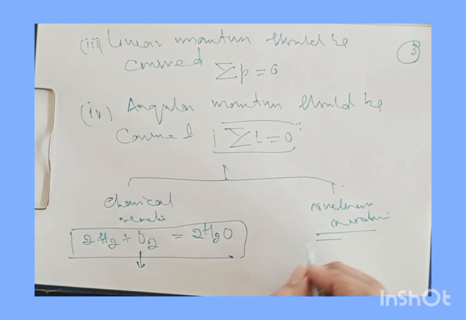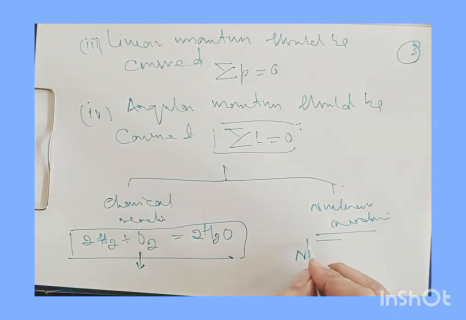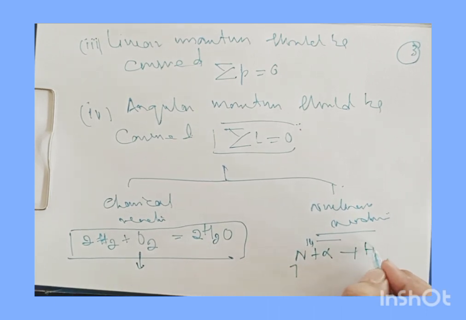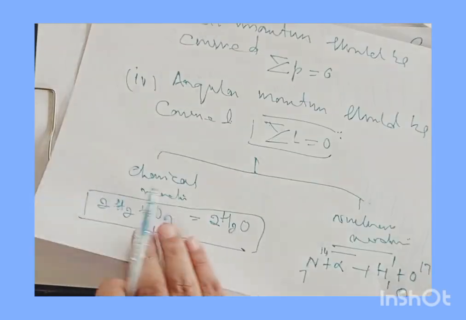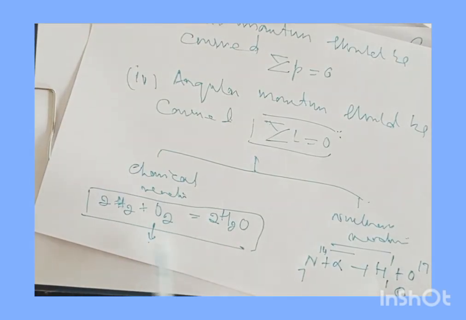If I go back to the nitrogen problem, nitrogen 14, 7 plus an alpha particle gives a proton, and it gives oxygen. So this is an isotope of oxygen. Another important thing is that a chemical reaction is said to be balanced. What I did here is I have balanced this chemical reaction.